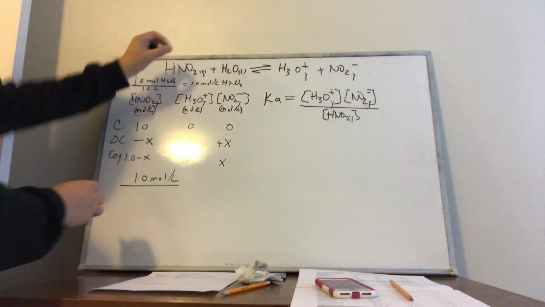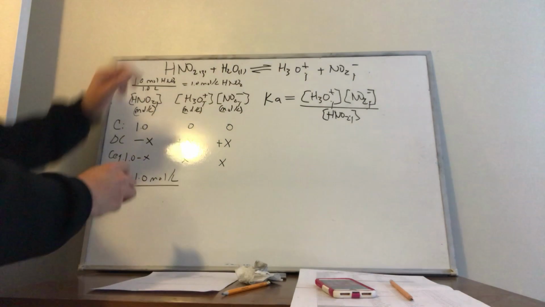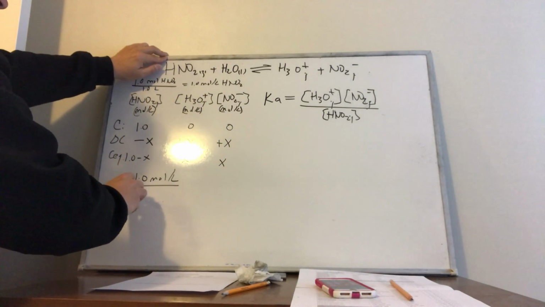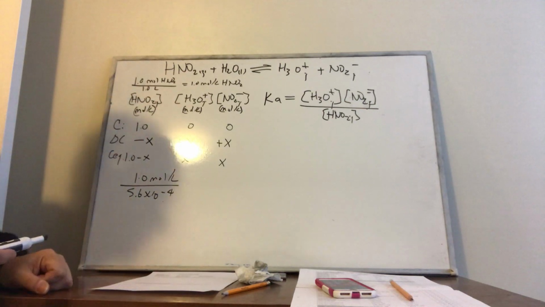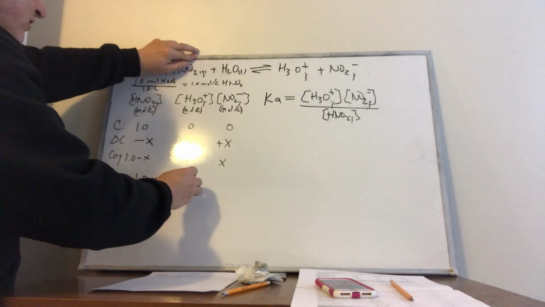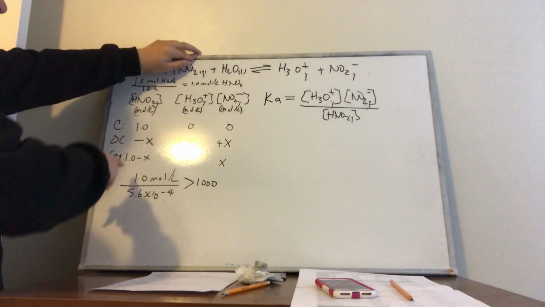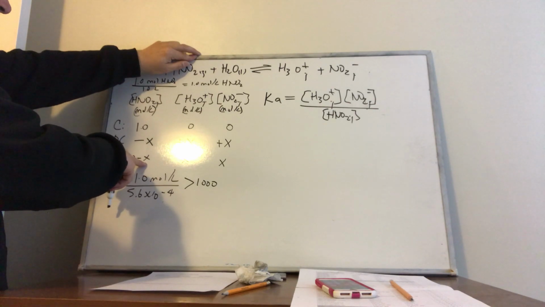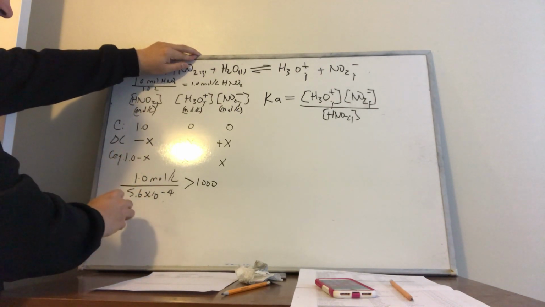We divide it by the Ka of the acid, and my chart says 5.6 times 10 to the minus 4. When I calculate that, I get about 1700, which is greater than 1000. Therefore, the x value is small enough that when we round it to two significant digits, it'll still be 1.0.